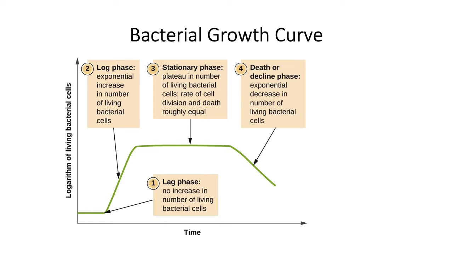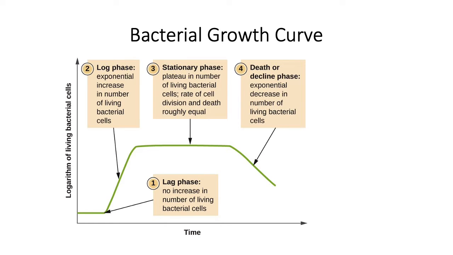However, again, we are not adding or removing or doing anything to that culture, so eventually the amount of nutrients available will decrease and the amount of waste products will increase, which means that some cells will start to die. And now we are going to see a plateauing of the growth because the rate of cell division and cell death will be roughly equal. This is what we call the stationary phase.